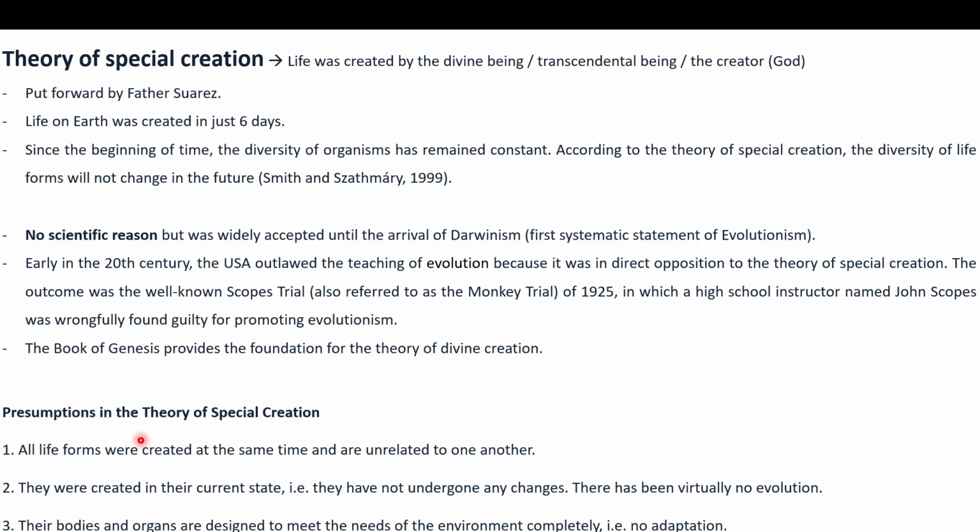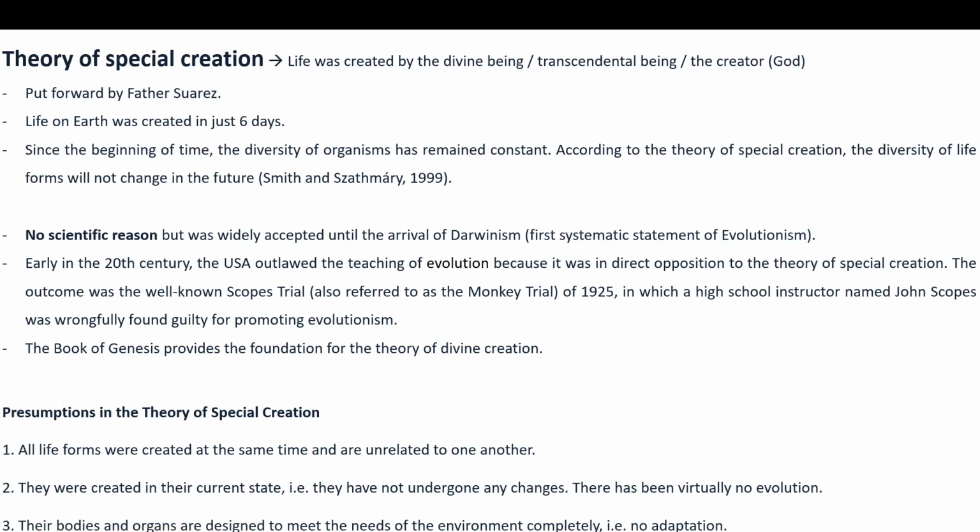So the presumptions, if we summarize: all life forms were created at the same time and are unrelated to one another, according to the theory of special creation. And life forms were created in their current state, so they have not undergone any changes. There has been virtually no evolution. And the bodies of the life forms and organs are designed to meet the needs of the environment completely.